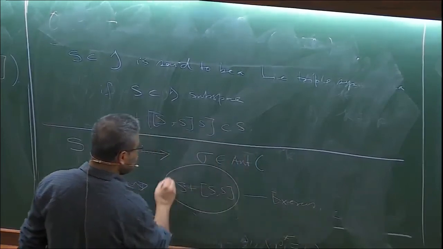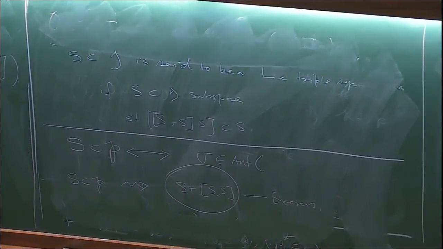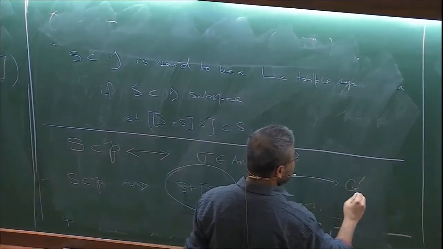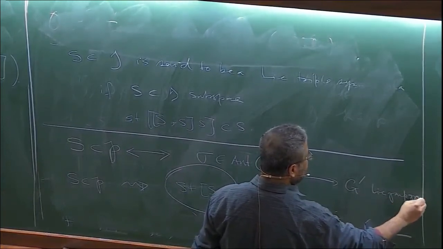S plus [S, S] is going to be a subalgebra, and the moment I have a subalgebra, I take a Lie subgroup, not necessarily closed, but an immersed submanifold. So G' gives me a connected Lie subgroup.